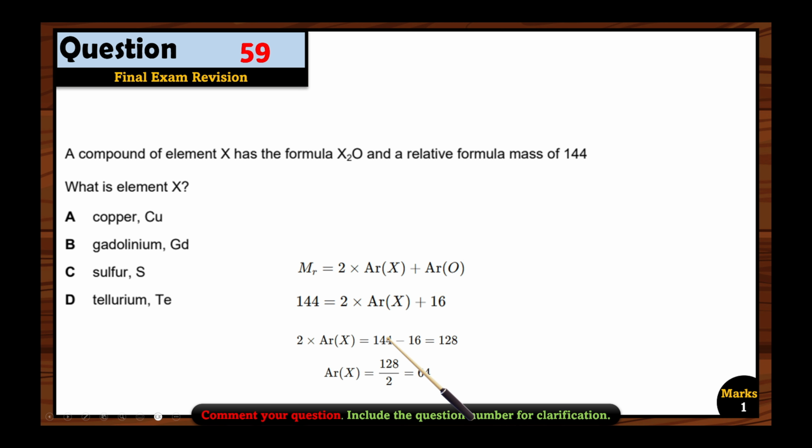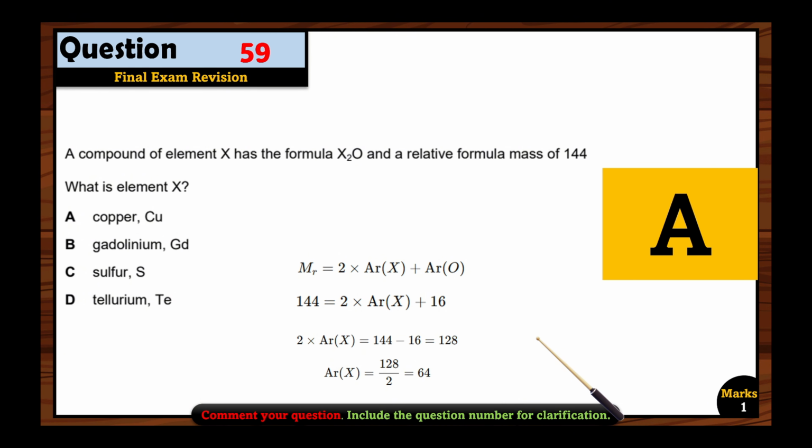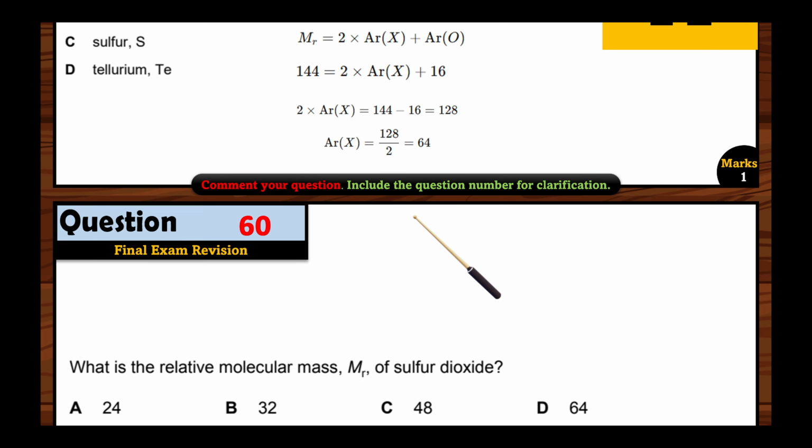So this 16 will go here, it will be minus, and then this 2 will come and divide 128. So 64 is the answer. Which element has the mass 64? If you look at your periodic table, it is actually copper. So copper is the right answer. This is actually Cu2O, copper oxide, the formula of this compound.